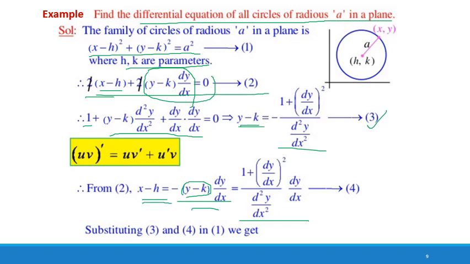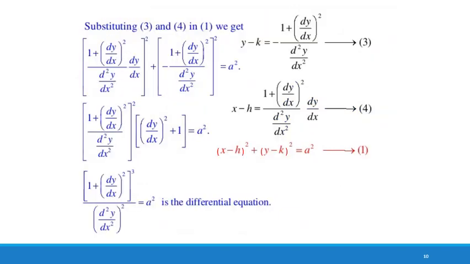Now by putting the values of equation 3 and 4 in equation 1, the new equation would be like this. So this is the value of x minus h, which is taken from equation 4. This is the value of y minus k, which is taken from equation 3. And we are putting 3 and 4 in equation 1.